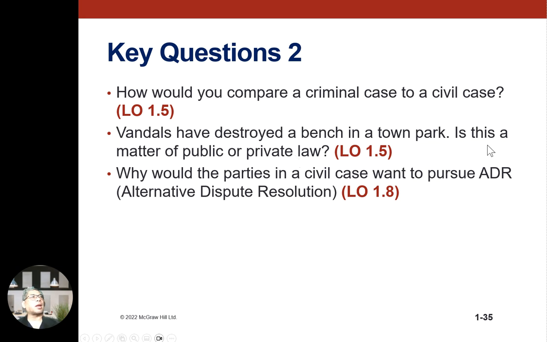Vandalism means public, in a town park. That's the key part. It's a criminal activity. Why would parties involved pursue ADR, which is alternative dispute resolution? This is basically to save time and money, and to be faster.